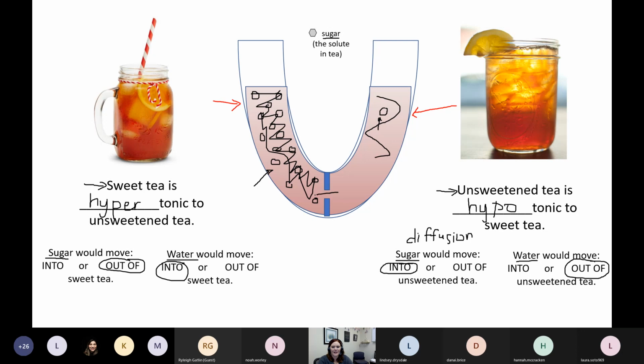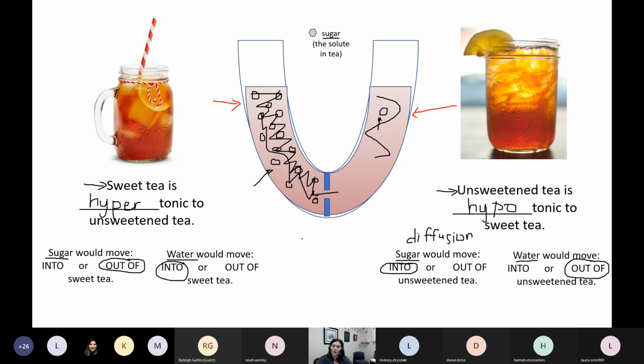Once water molecules pass through our membrane here, they're going to bump into sugar molecules all the time. They're going to help to dilute the concentration of sugar over there. There's going to be more water in there. Now it's going to look like there's more water, fewer sugar molecules. We started with the hypertonic sweet tea and the hypotonic unsweetened tea.